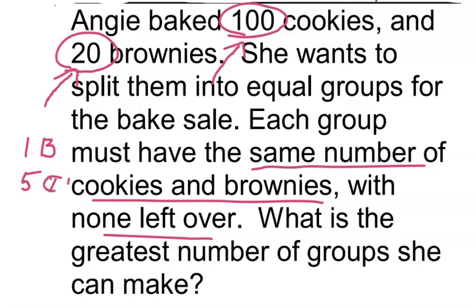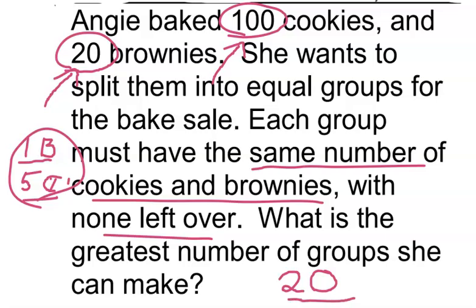So they're going to have 1 brownie and 5 cookies. And if we do that, then they're going to have 20 different groups, right? Because each group is going to get 1 brownie, and each group is going to get 5 cookies. So what is the greatest number of groups she can make? 20 groups, and there will be no brownies or cookies left over, just like we're looking for.